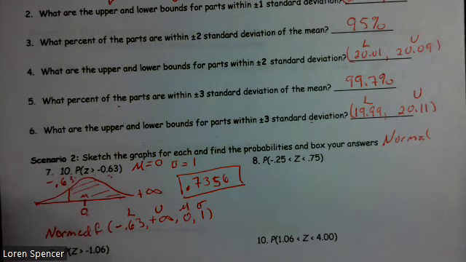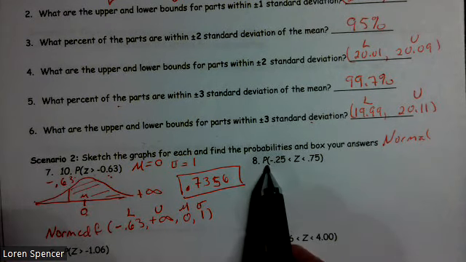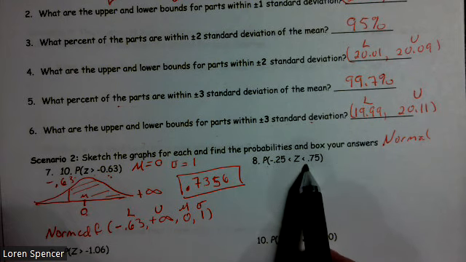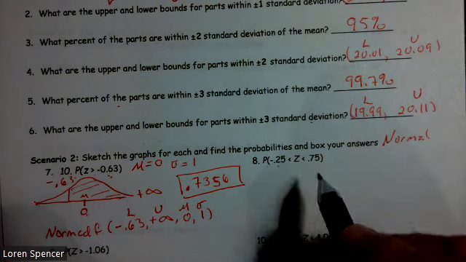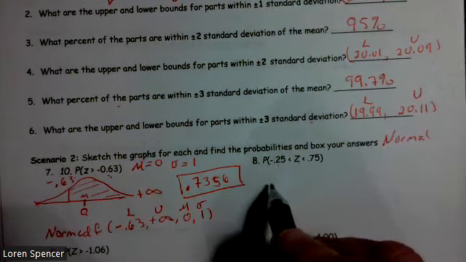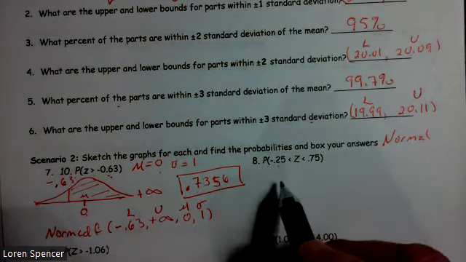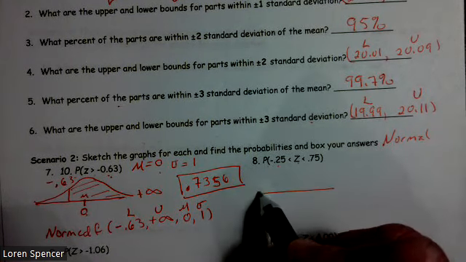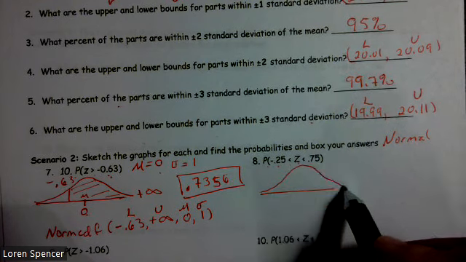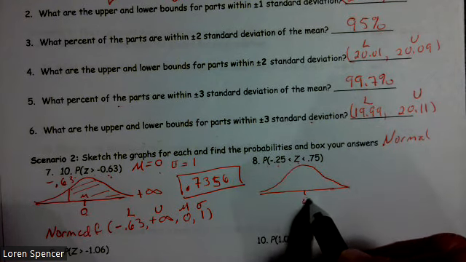The next one asks, what's the probability, because P is probability, that negative 0.25 is less than Z is less than 0.75. So this is my lower and this is my upper, and we're working with the Z-score. All Z-scores have a mean of 0, standard deviation of 1. So I'll draw my picture, centered on 0.